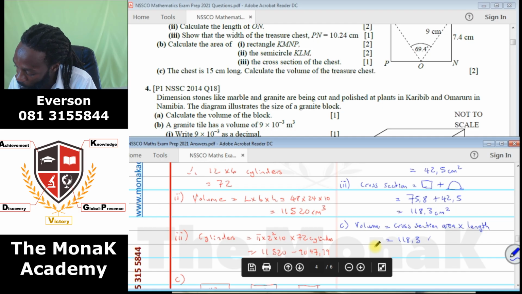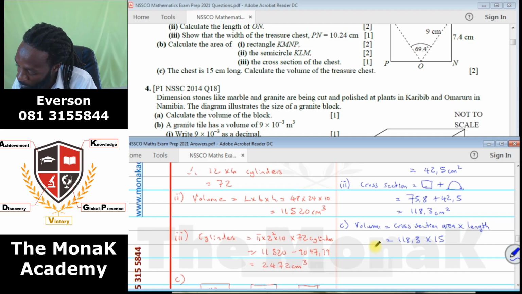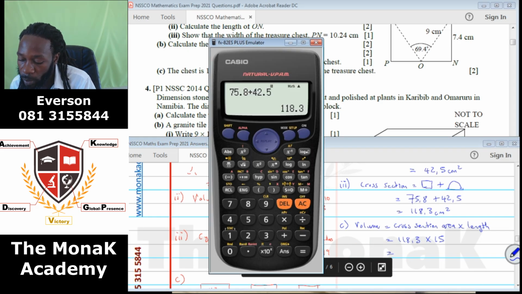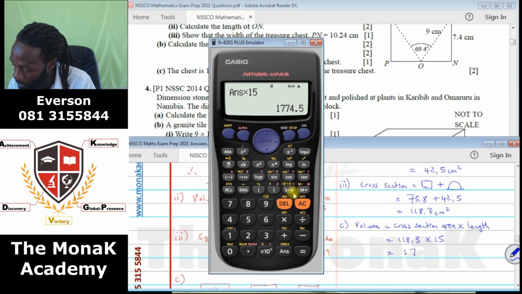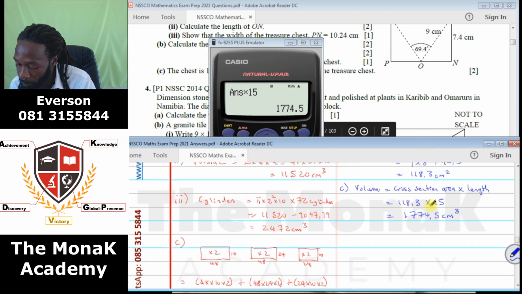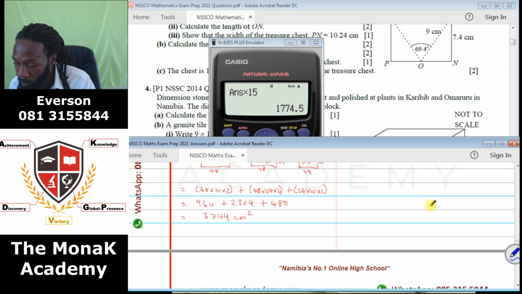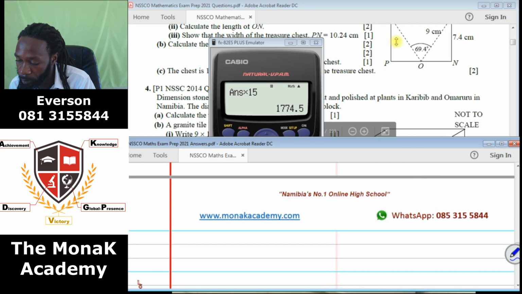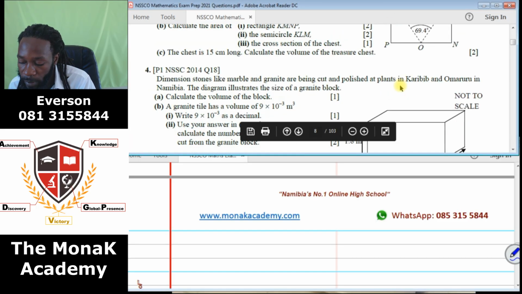Times. You don't want to get things wrong when you have done so much hard work and then you fail to complete. So it's 1774.5 and it's cubic because it's volume. We move on to the next.